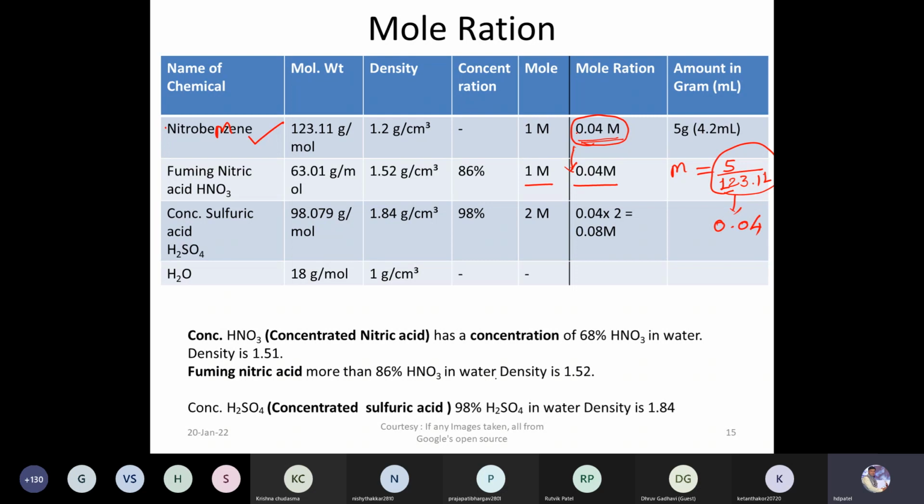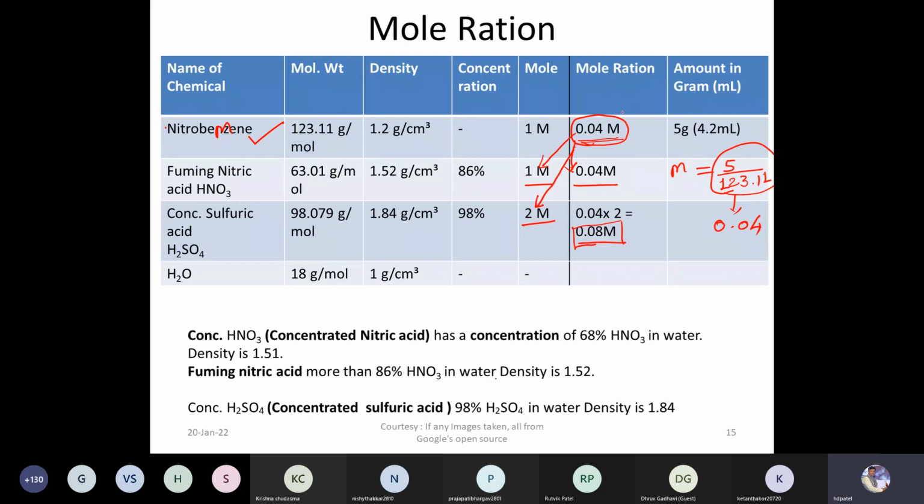The reason is you have to multiply this with this. Okay. Now, as per the reaction, what mole of sulfuric acid we require? That is 2 mole. So multiply 0.04 with 2 mole. So what we will get? We will get 0.08 mole.